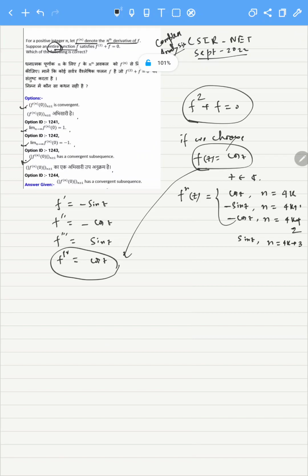So at z equal to 0, we can easily observe that f^(n)(0), this sequence will be 1, 0, minus 1, 0, and so on. So it's obvious that this is an oscillatory sequence.